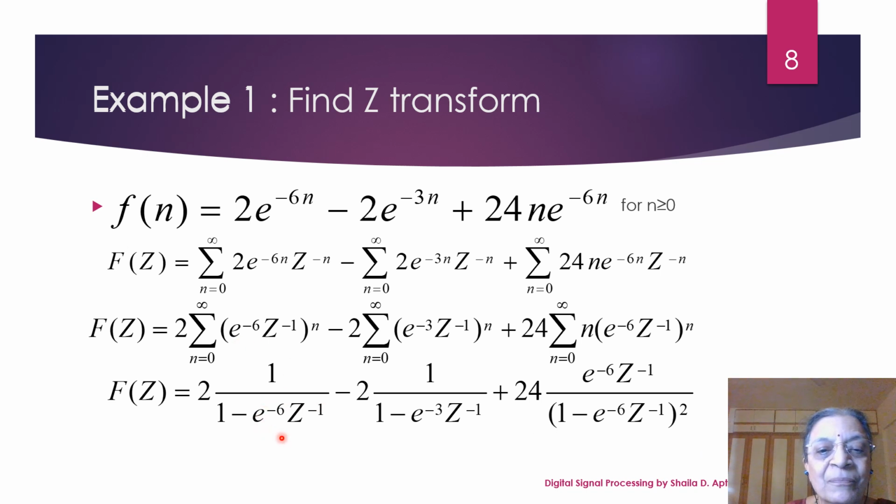Minus 2 times 1 upon 1 minus e raised to minus 3 z inverse will come here, and plus 24 e raised to minus 6 z inverse divided by 1 minus e raised to minus 6 z inverse, raised to 2. Why is this so? This will come when we consider the Z transform of nfn. So this is using the property of differentiation in z domain. So this will come later.